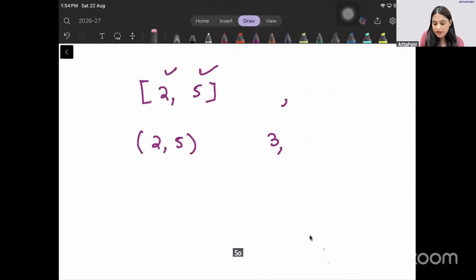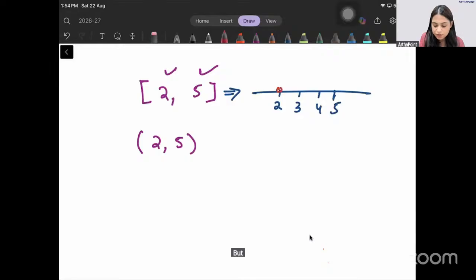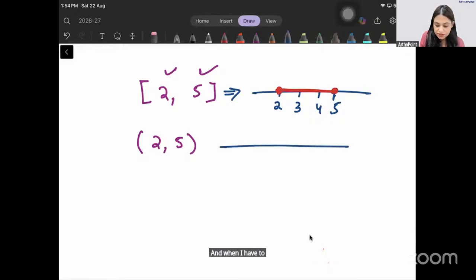So here, when I have to represent this on the number line, it means 2, 3, 4, 5, but 2 and 5 are also included. Everything on the number line, including 2 and 5. And when I have to write (2, 5), then 2 and 5 are not included.